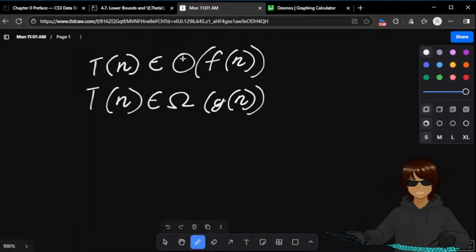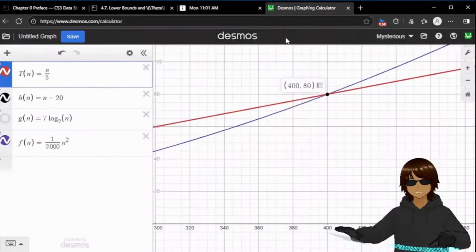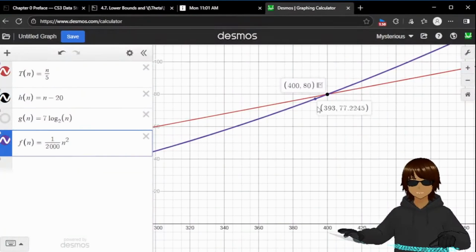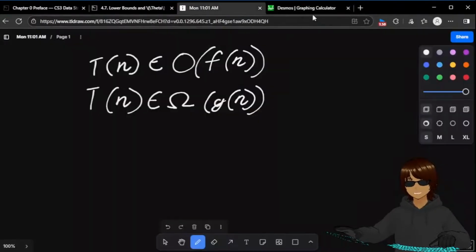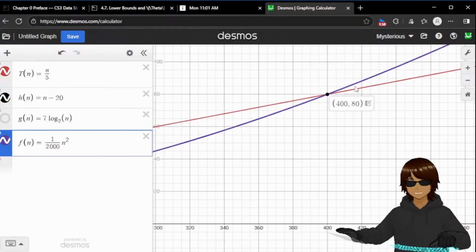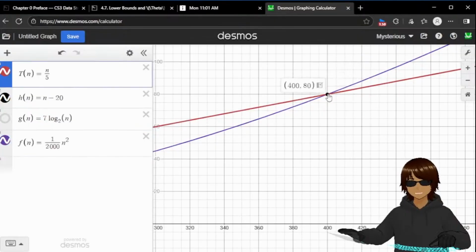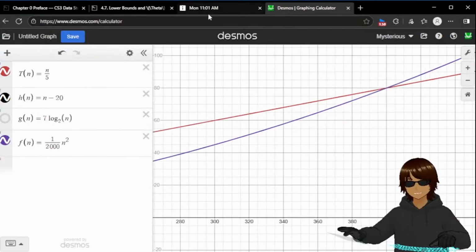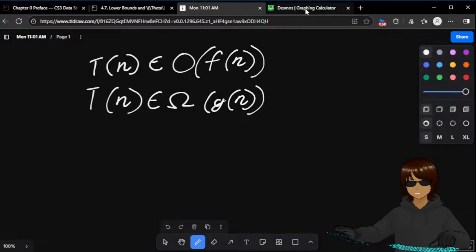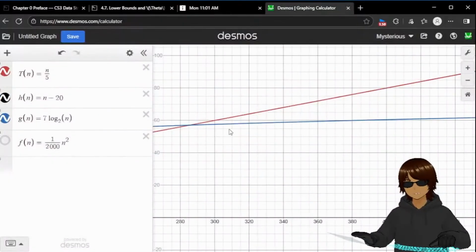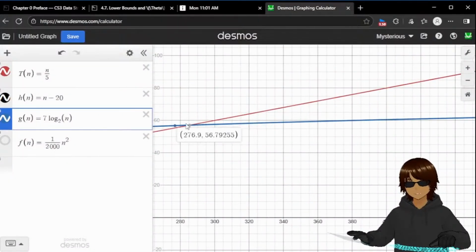So that's why f(n) is O(f(n)). O(f(n)) means there's some constant c after which f(n) surpasses T(n). And Omega means I can shrink the function such that T(n) surpasses g(n) after some point.